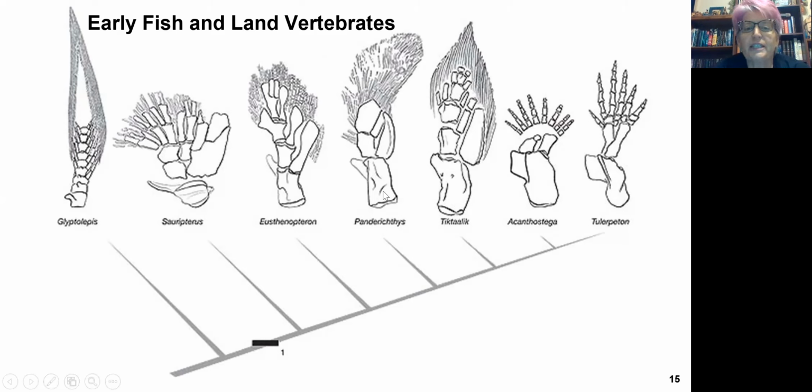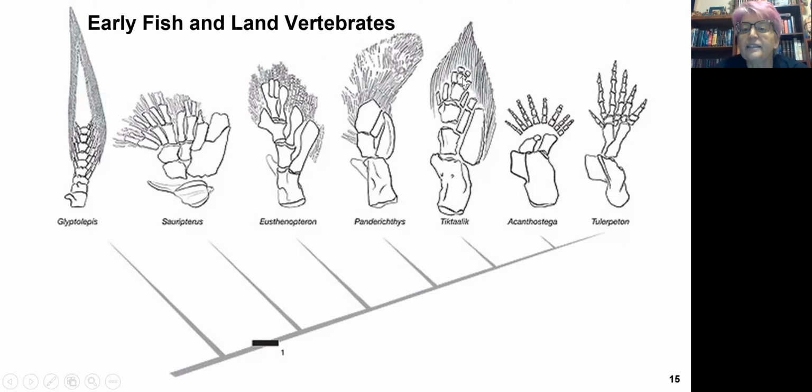We start to see this organization of one bone, two bones, and then maybe some phalanges until we get here to Tiktaalik. And when we get to Tiktaalik, we see one bone, two bones, a bunch of bones, and then phalanges plus fin rays.